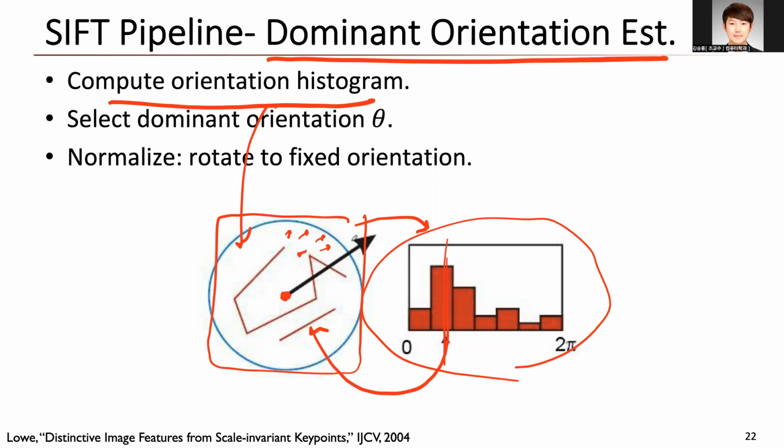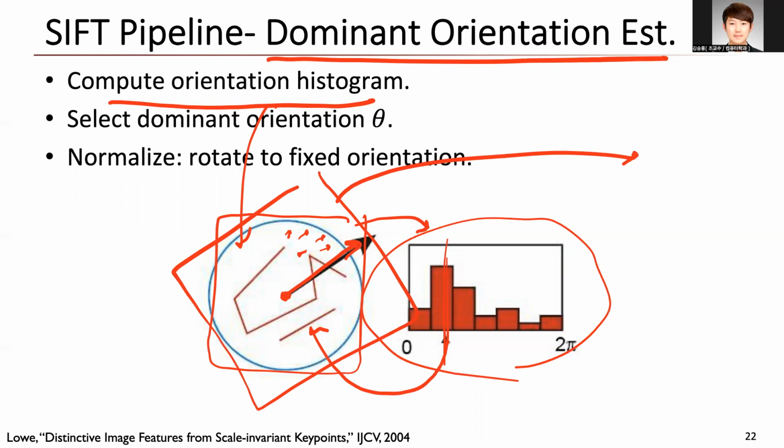Then this main orientation is used to localize the near neighborhood information, which is used to describe this local region as a feature vector, right? So this is the dominant orientation step, which helps to give rotation invariance to the model.